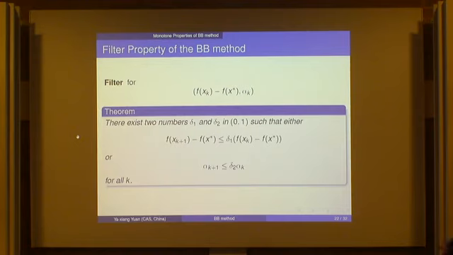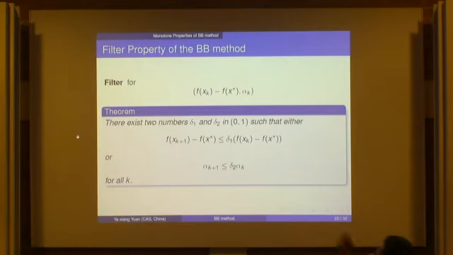I combine these two because the BB method uses the best step size from the previous iteration. If this is equal to the previous one, then it reduces to steepest descent and will be monotone. If it is not monotone, it means your step is too large, so one of these has to be reduced.